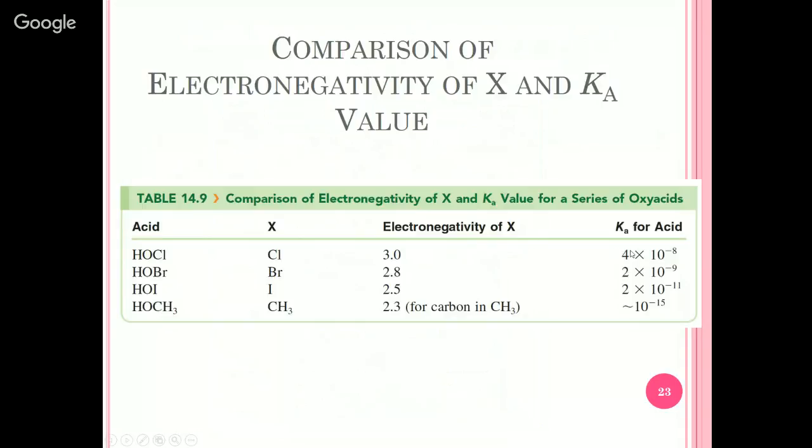In terms of acid strength, we can see that the more electronegative the atom connected to the oxygen is, the stronger your acid will be. So we decrease our Ka values, meaning weaker and weaker acid, because the bond polarity of these atoms has gone down due to the decrease in electronegativity.